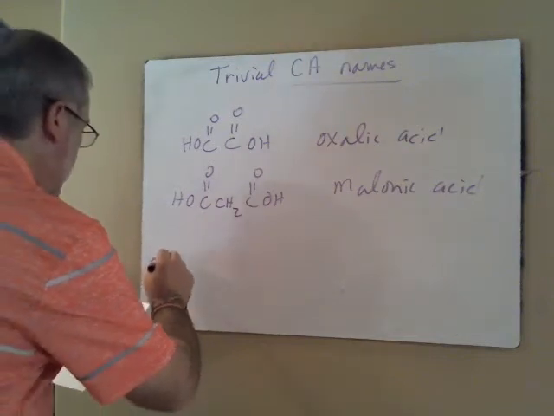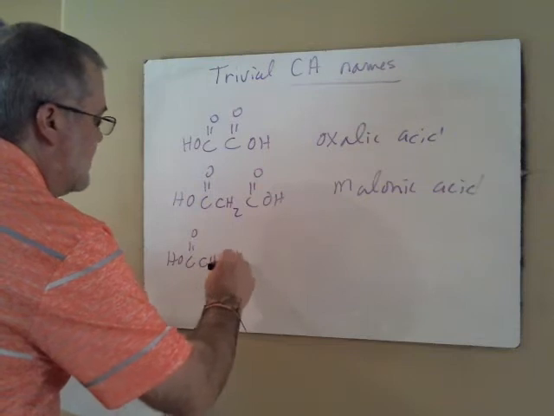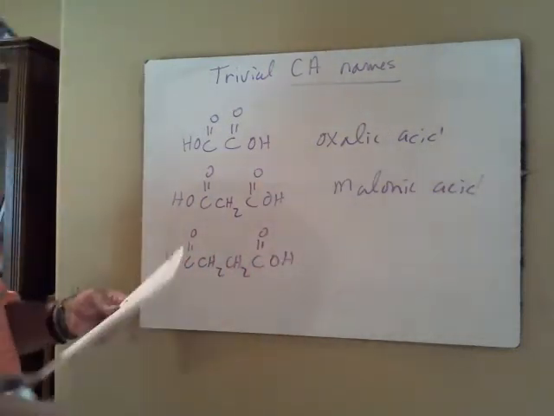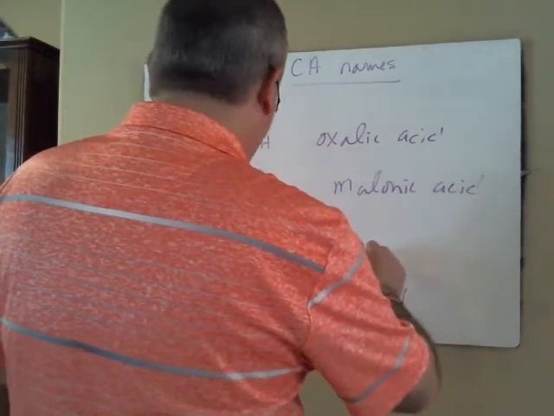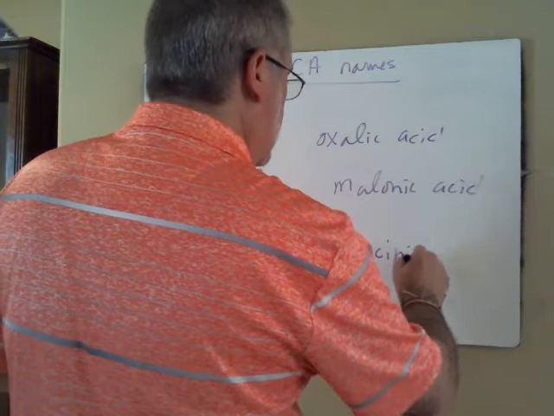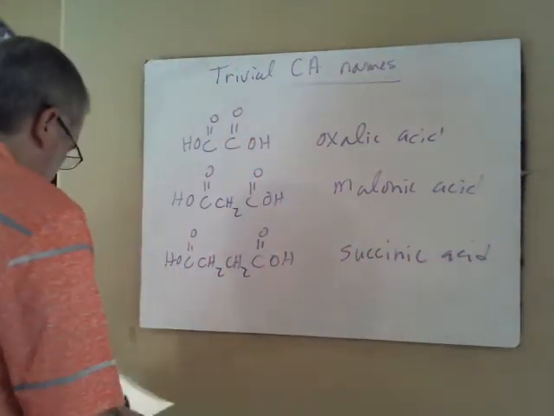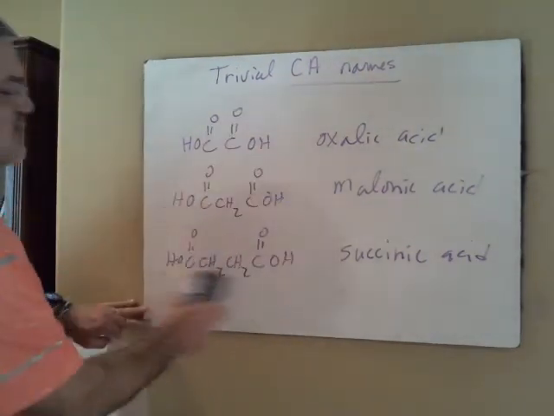And then if you put two CH2 spacers in between your two carboxyl groups, you get something that all of us have seen, succinic acid. Okay, and then those are your common diacids.